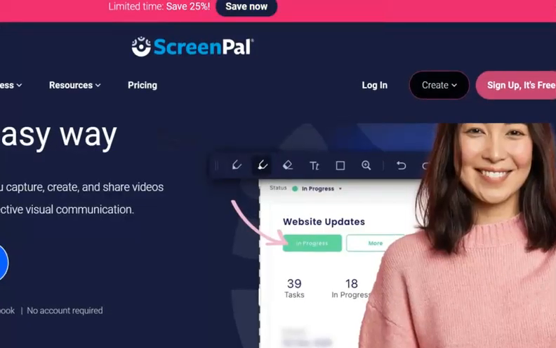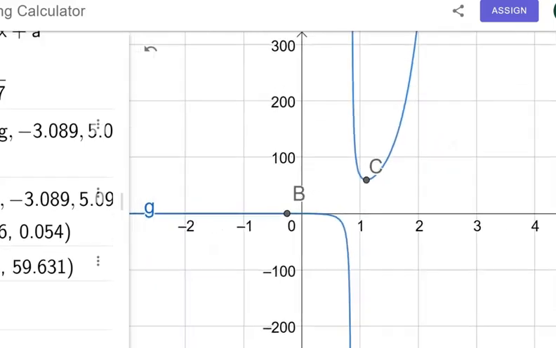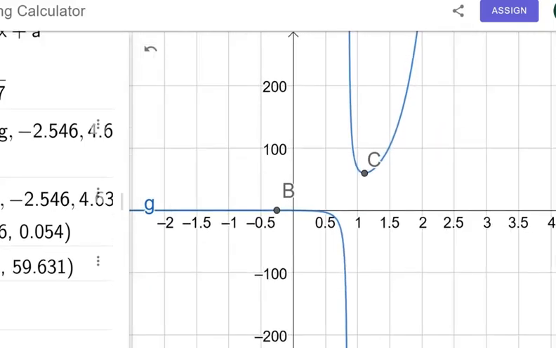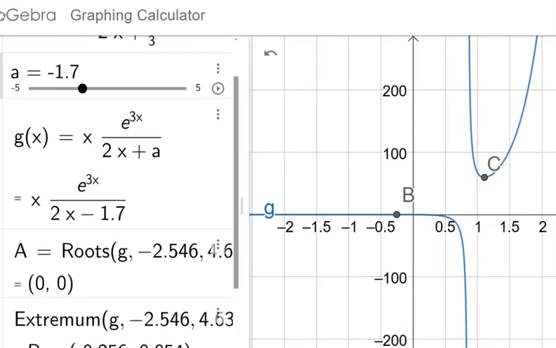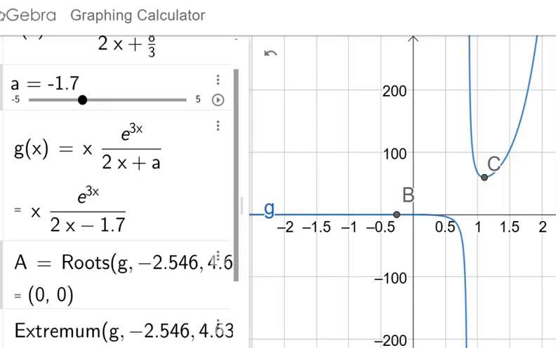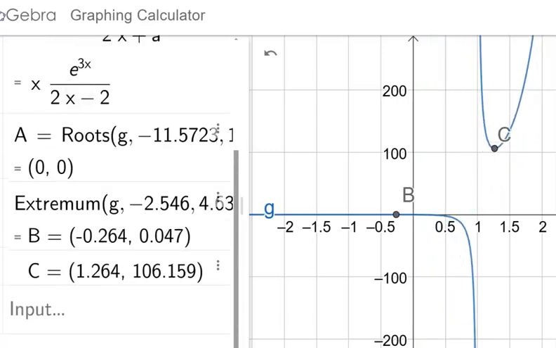Where's my GeoGebra gone? Hopefully, here we are. Okay, so I'm going to move the slider a little bit. Sorry that this is so clunky. There we go. Up here, you can see that as I change the slider, the graph changes.